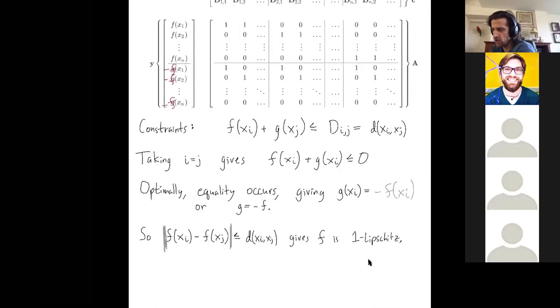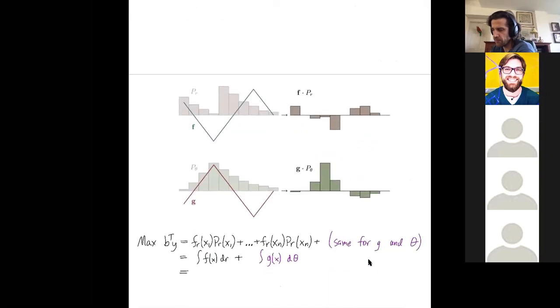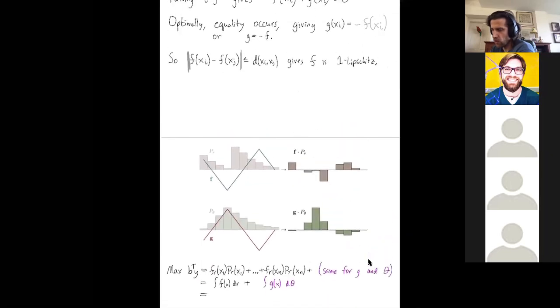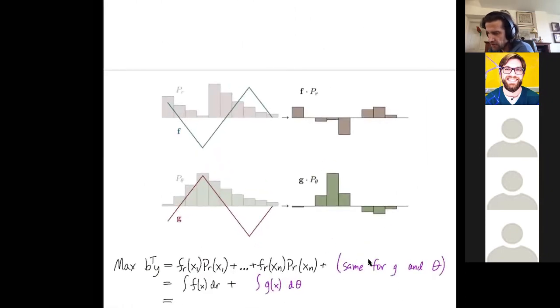Okay, so when I look at b transpose y, I have the value of my function f. Oh, I don't think I want these subscripts here, sorry.